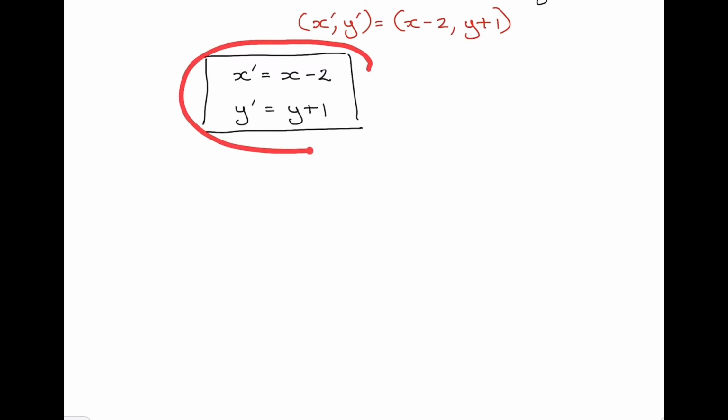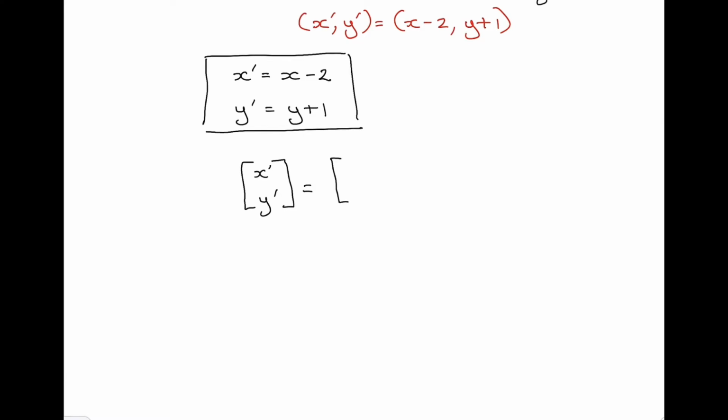This system of equations can also be neatly written in matrix form as (x', y') is equal to the sum of these two matrices, (x, y) added to (-2, 1).